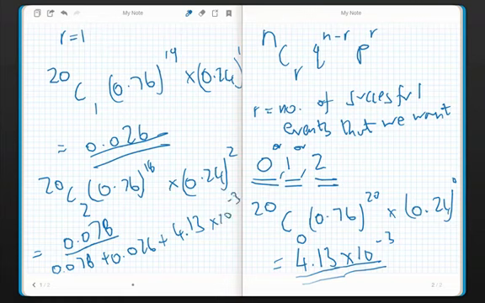And this is equal to 0.108, or 0.11. And that should be our final answer.